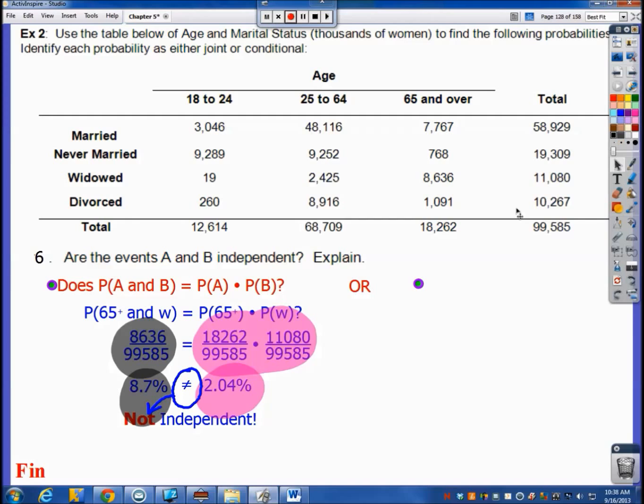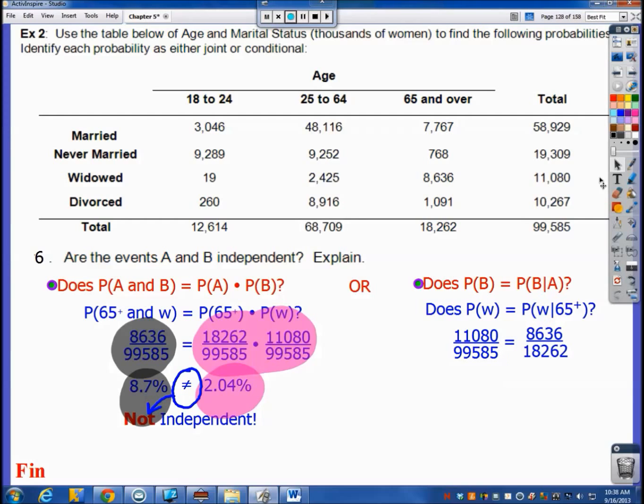Okay? Now another way we could check for independence is just this. Is the probability of event B the same as B given A? So is the probability of being a widow the same as the probability of being a widow given that you're 65 years old or older? This way you only have to check two probabilities, and you really don't have to do any math, just checking.